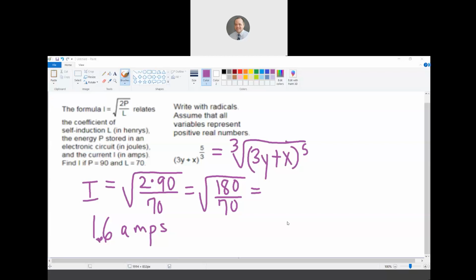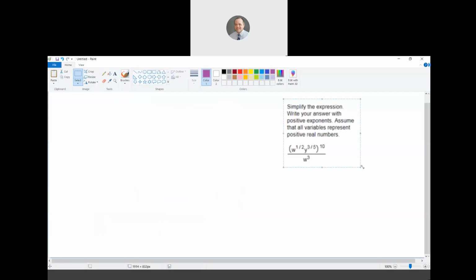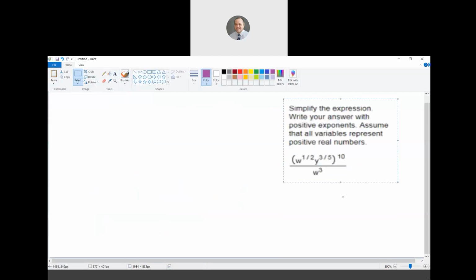All right, the next batch of problems, we must use some of our exponent laws. Before we work out this question, let's go over the various exponent rules, beginning with the product rule.